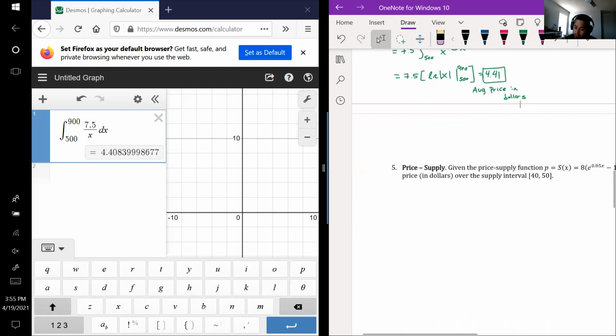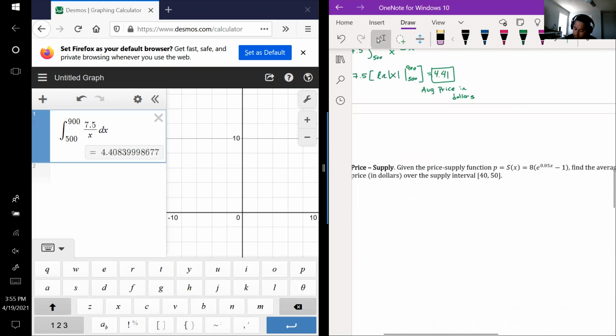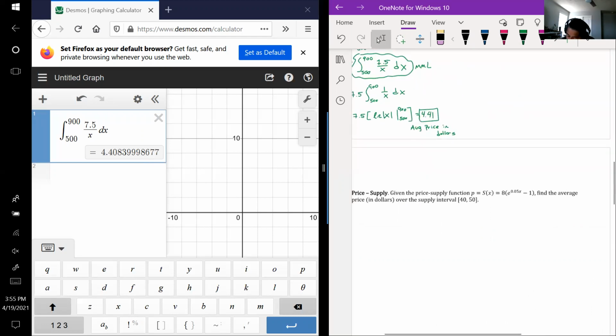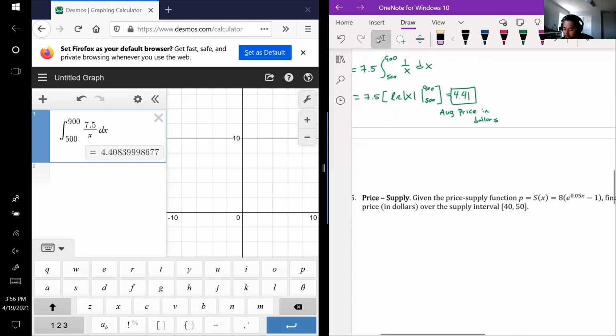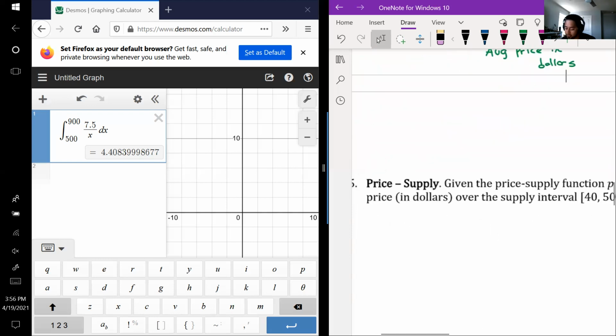All right, number 5. Given the price supply function, S of x equals 8 times e to the 0.5x minus 1, find the average price in dollars over the supply interval 40 to 50. Okay. So for this problem, we're going to need that special integral formula that was on the first page.